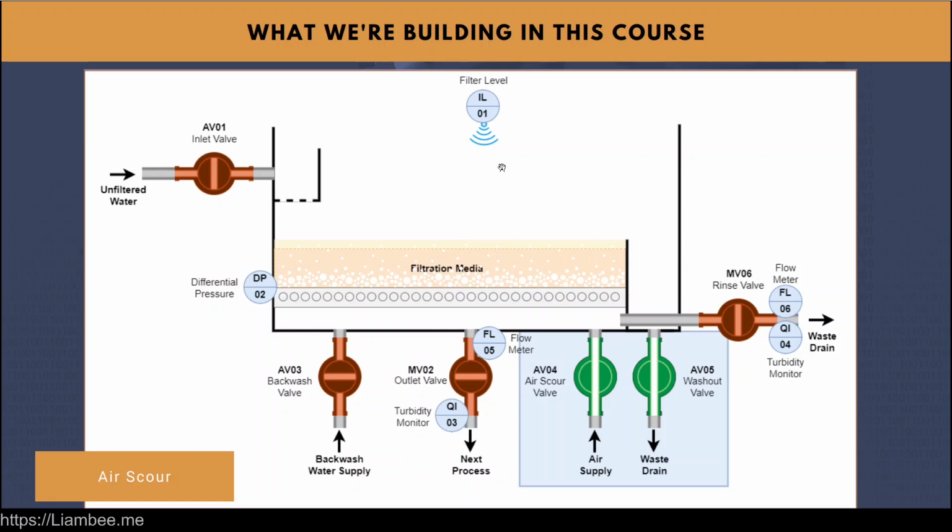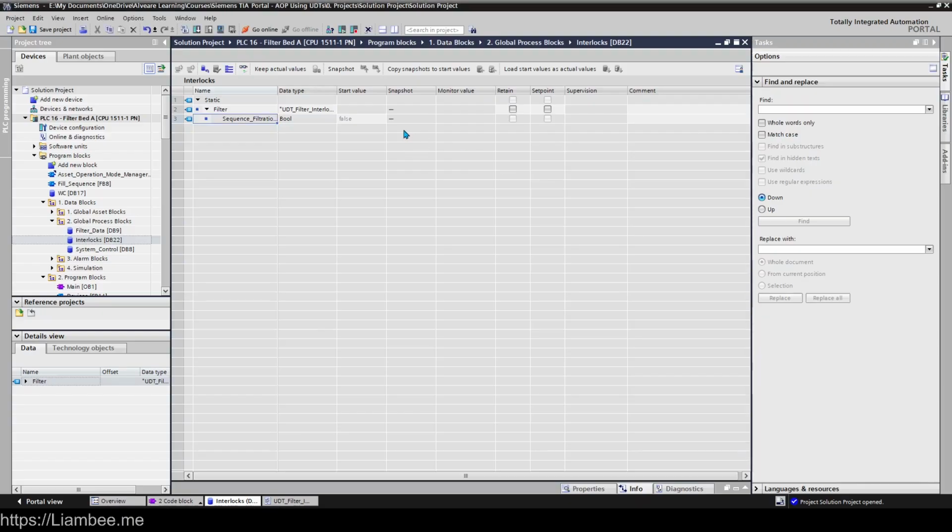So just a quick recap, we should end up by the end of this project with an interlocks layer. We're using a UDT because if we're using a UDT, we can stick it on an interface and it's nice and easy. If the UDT is updated, so is the interface everywhere it's used in our project. That makes it nice and easy to use.